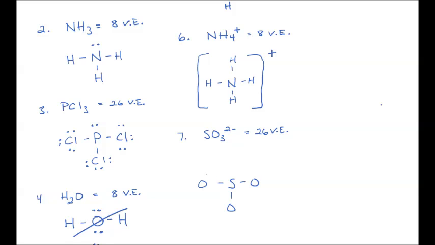We have 20 left to distribute. 2, 4, 6, 8, 10, 12, 14, 16, 18, and then sulfur needs the last 2. So we distributed the 20, and everything is touching 8. Because it's an ion, we put the SO3 in brackets with a 2- charge.